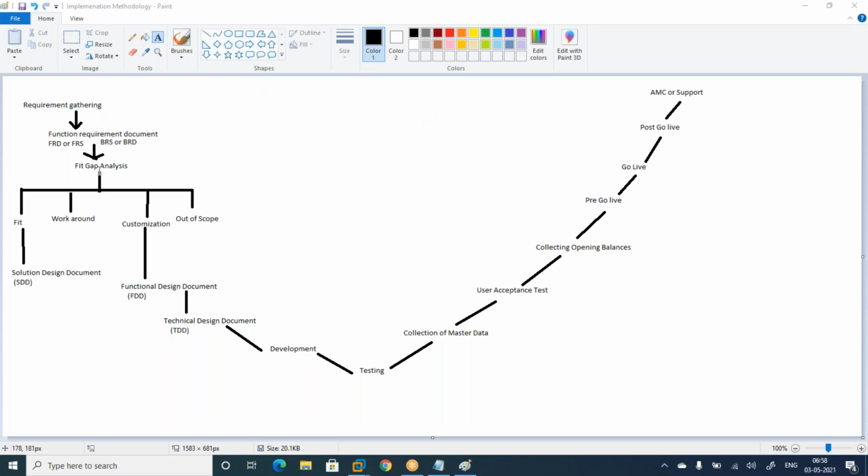Now, these two are the major documentations. I played this role also, but not excellently, because whatever functional requirement document or business requirement document the company has, I will take and modify according to the client requirement. This is the document you are going to share with the client.